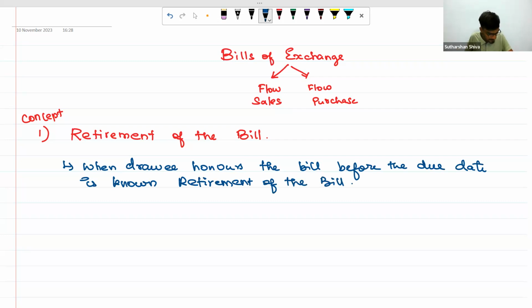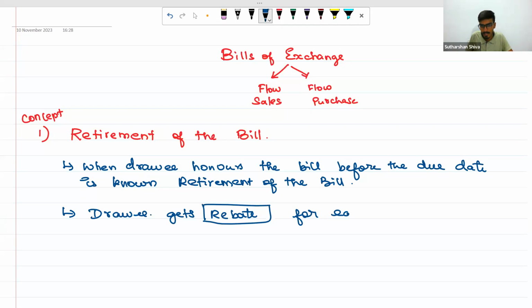For that purpose, the drawee gets a rebate. Rebate means a discount for making an early payment. How you are going to calculate this rebate value is the important point here.